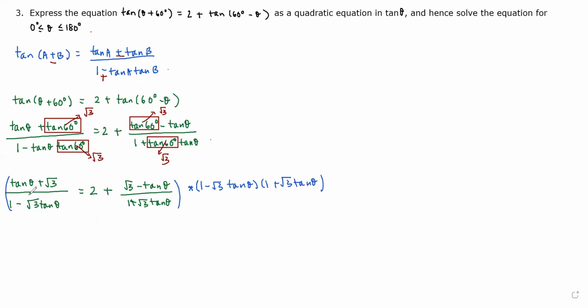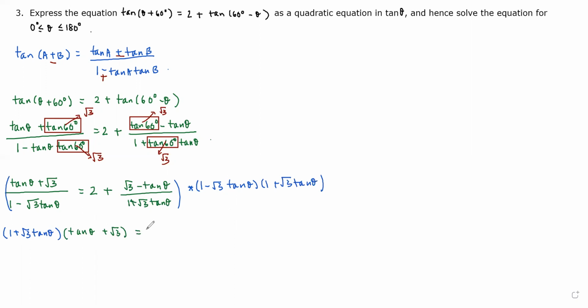On the left side, you have 1 minus root 3 tangent theta in the denominator. So when you multiply, you have 1 plus root 3 tangent theta multiplied to the numerator, which is tangent theta plus root 3.